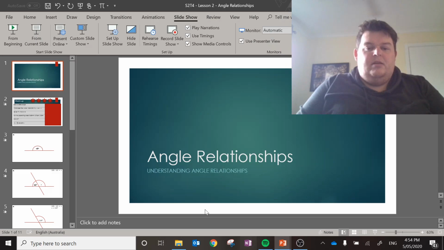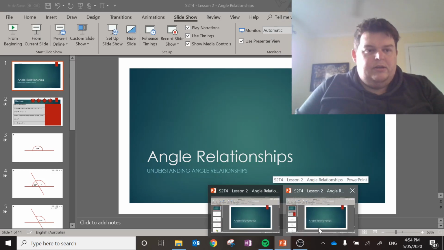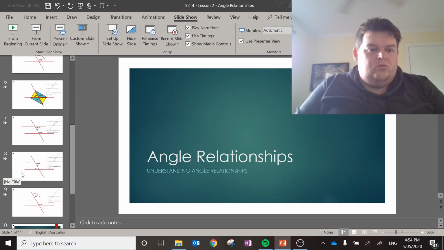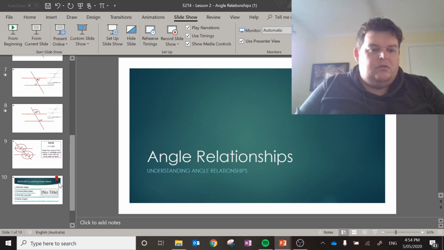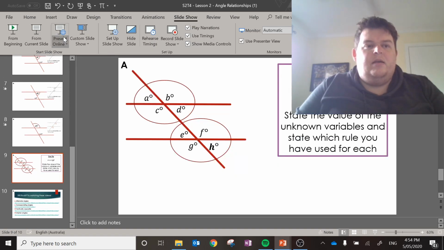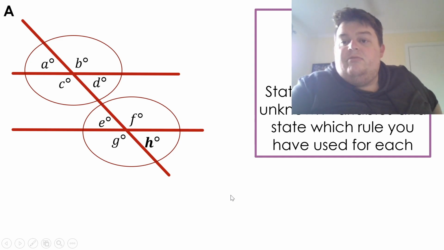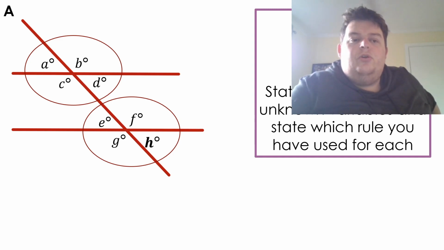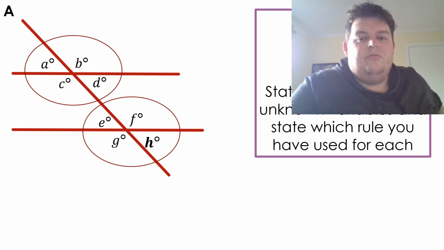Very nice. I have another version of this somewhere. Right, I want you to have a shot at this one. The value of h is equal to 25 degrees. I want you to tell me what the values of the other angles are.